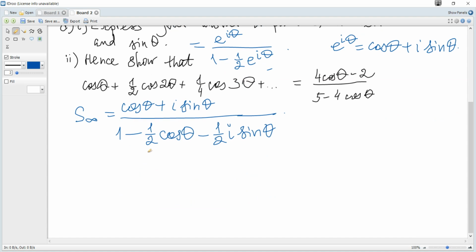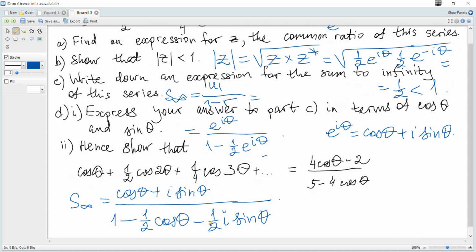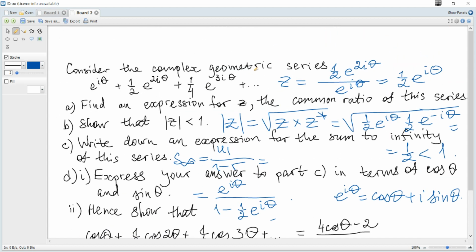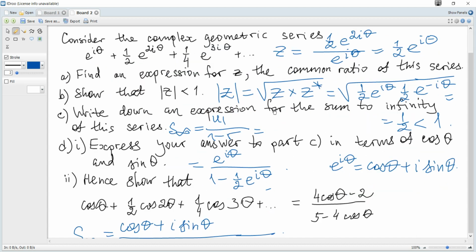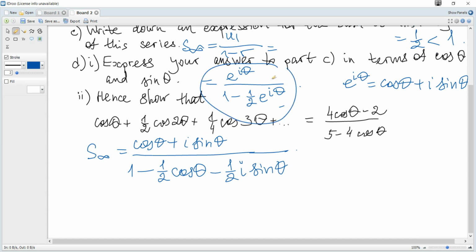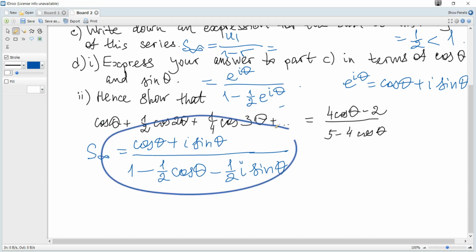So we need to consider the real part of the left hand side of this series, and since we know its sum, we should equate it to the real part of this.